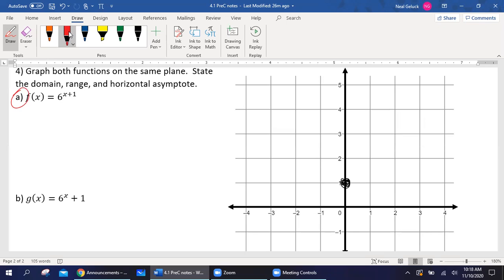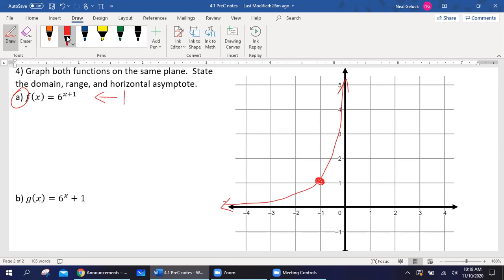X plus 1, that would be a shift to the left 1. So imagine taking the point 0, 1 and shifting it left 1. Since my base is bigger than 1, it's going to be an exponential growth. And so this is just going to look like something like that.